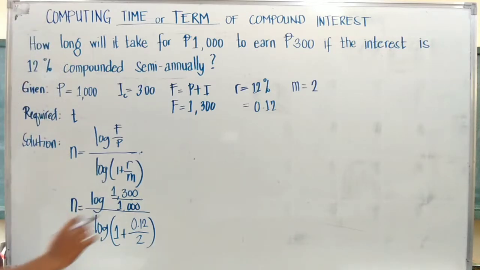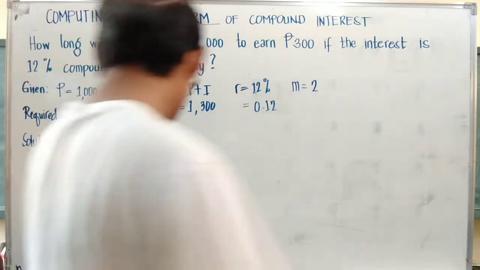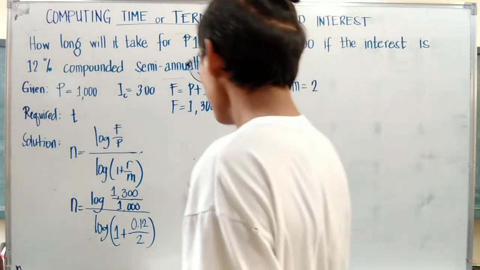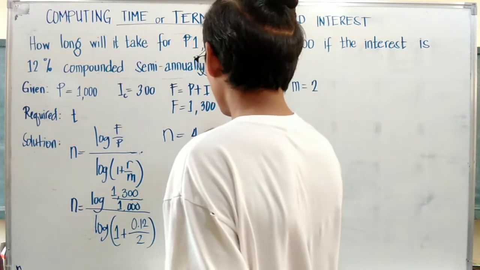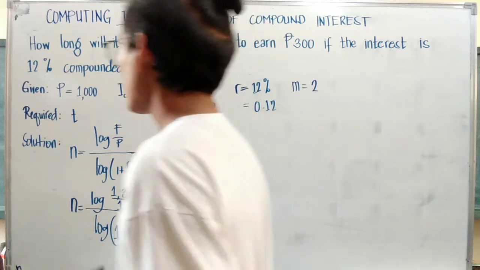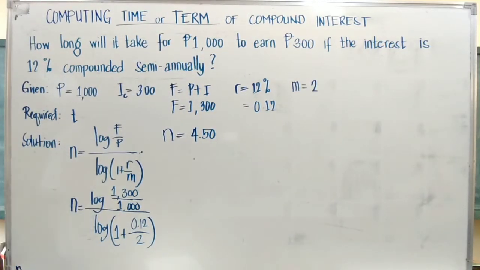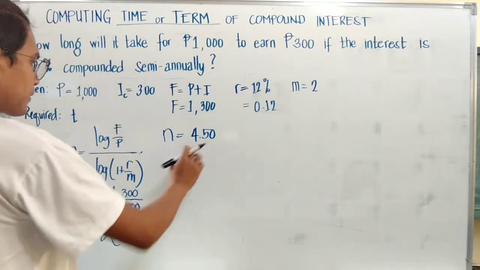So after substitution, for it to become easier, just use your scientific calculators. So we have N equals 4.5. So in this case, we will discuss important matters. So 4.5 is the total number of conversion.